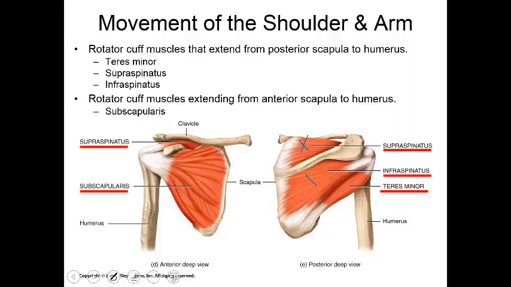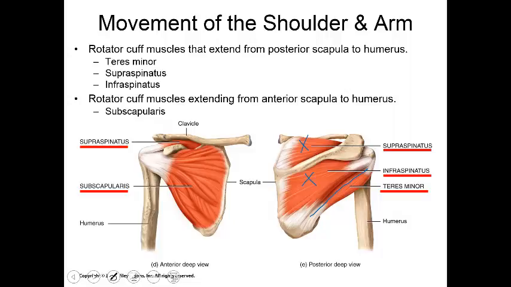And this one in the infraspinous fossa is the infraspinatus muscle. And right along here is the teres minor. So all of these muscles right here, the supraspinatus, the infraspinatus, as well as the teres minor, are involved in the rotator cuff. So they come under that rotator cuff category of muscles. So they help extension of the scapula from the posterior side or the dorsal side.